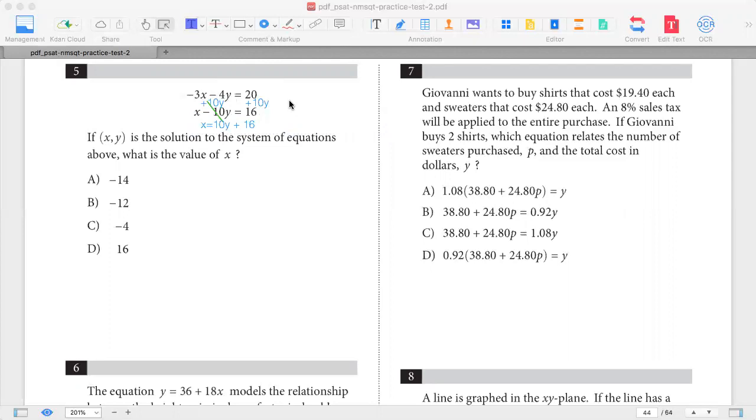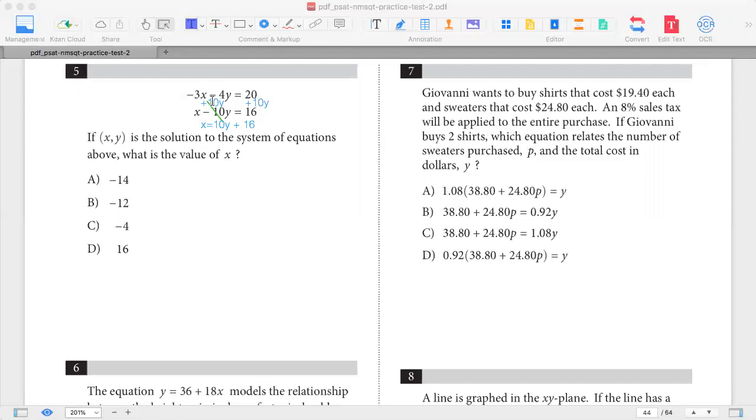Again, now I want to get the value of x. I will get the value of x by isolating x, or keeping x alone in one side. So I will add 10y here and 10y here.